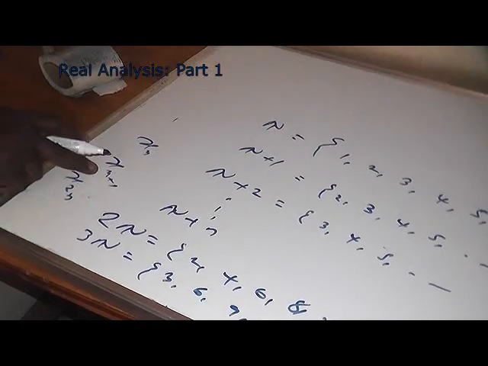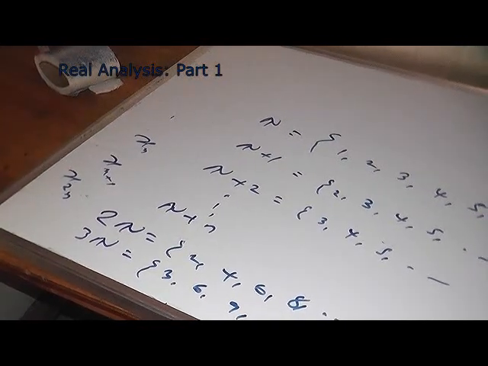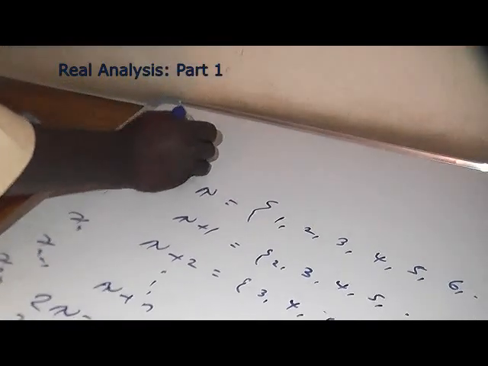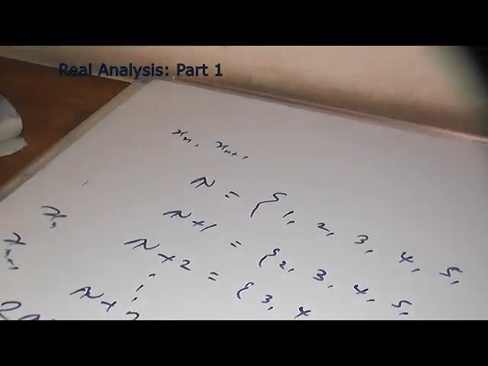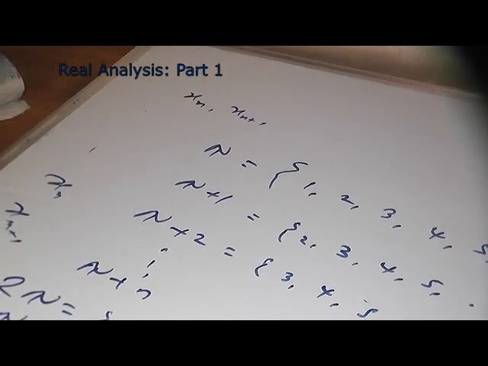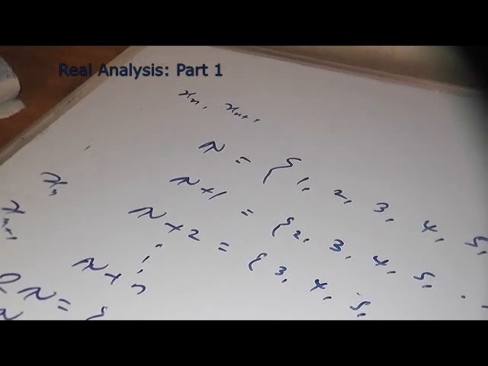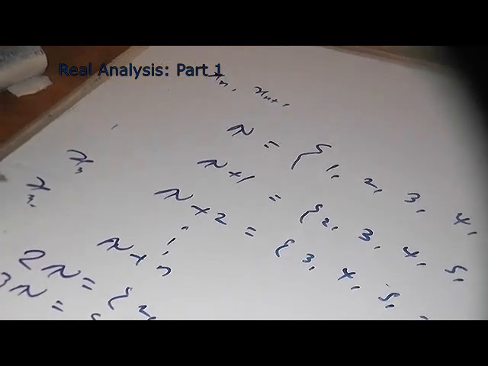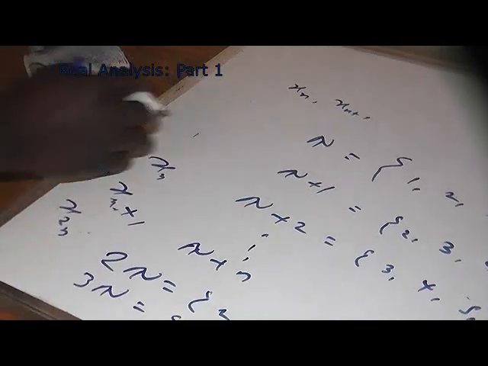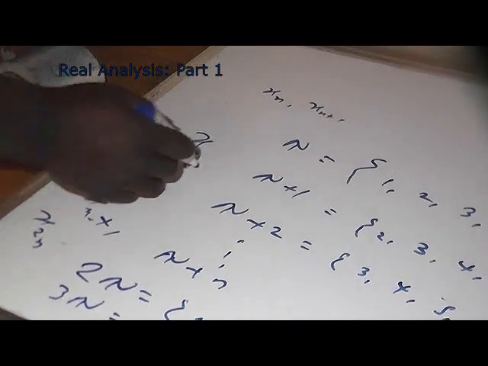But in order not to conflict with the argument of saying xn plus 1 is the next term after xn, we go for xnk. This is called a subsequence.